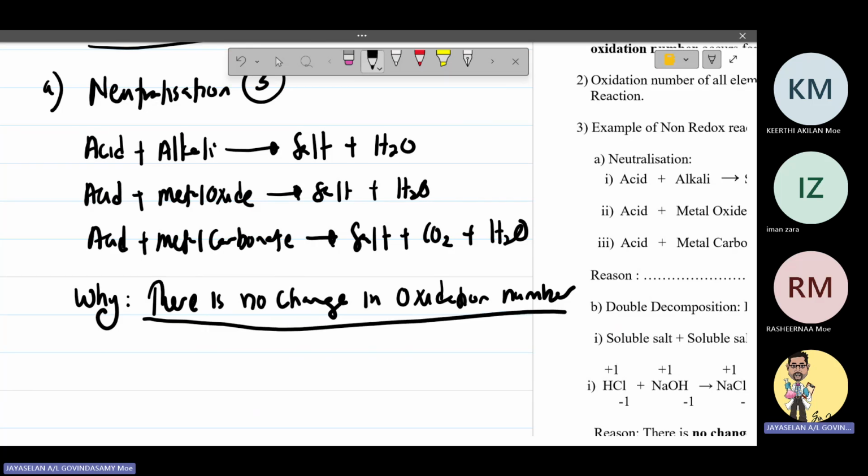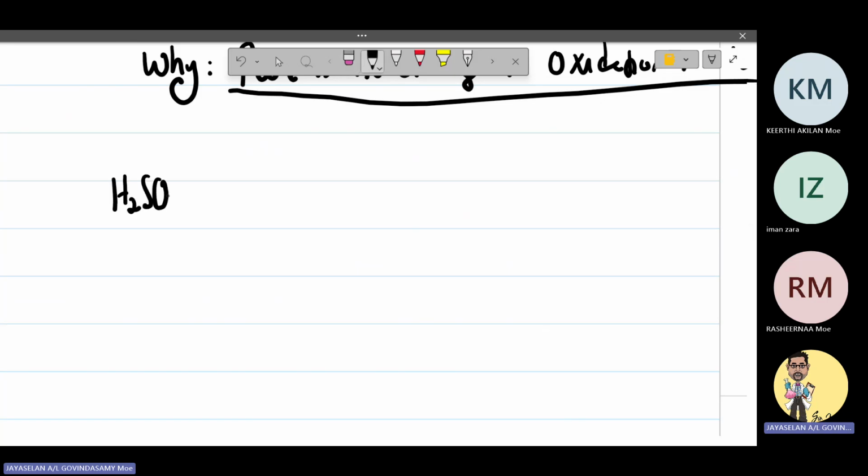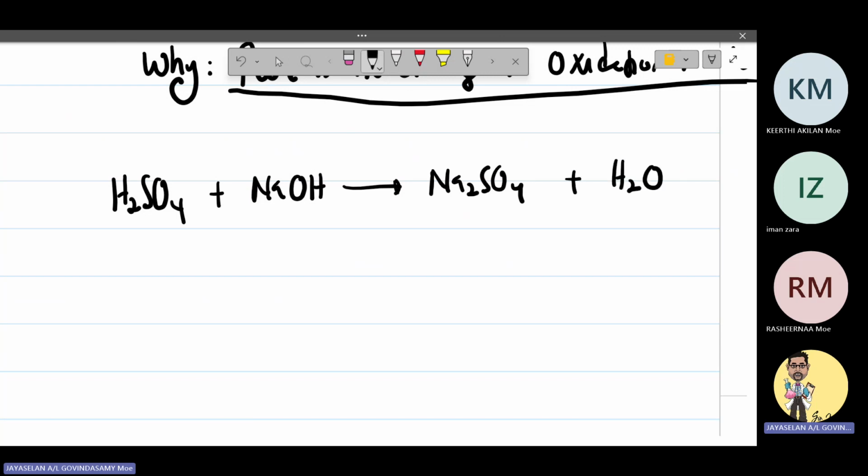Okay, I take one example. I take sulfuric acid, H2SO4, acid we memorize, reacting with sodium hydroxide. You will get Na2SO4, sodium sulfate plus water. When you see an acid, just one acid, the alkali doesn't matter.